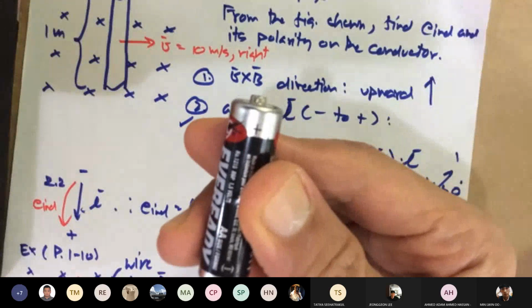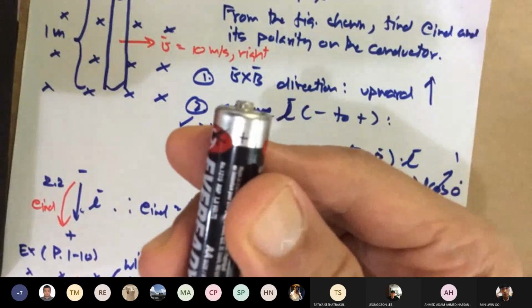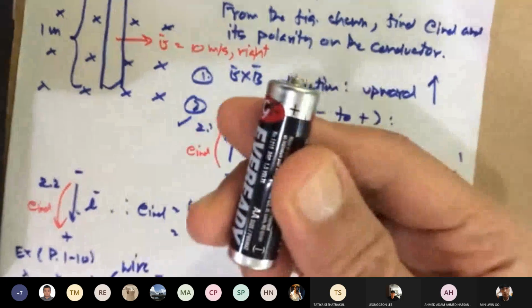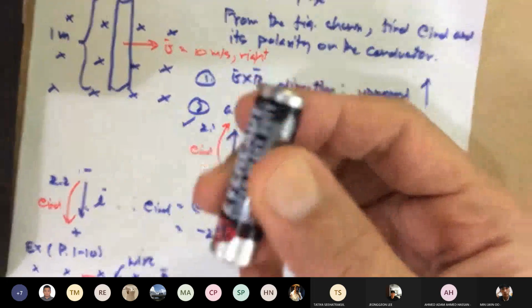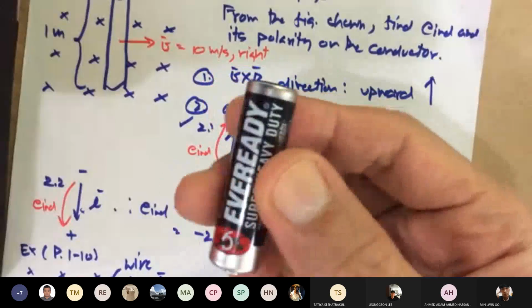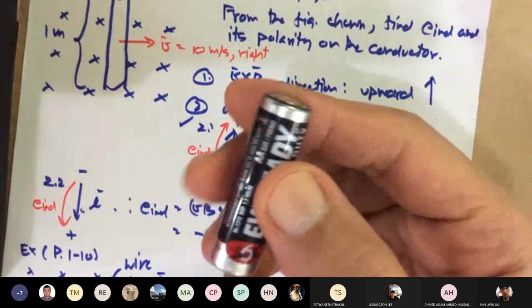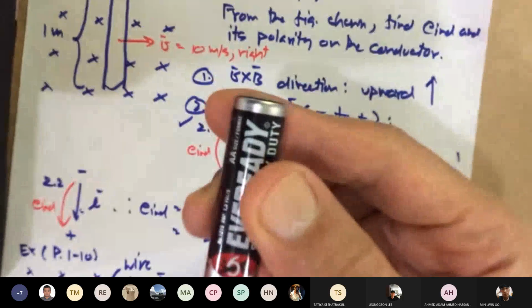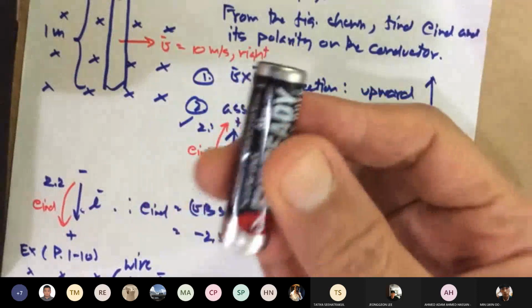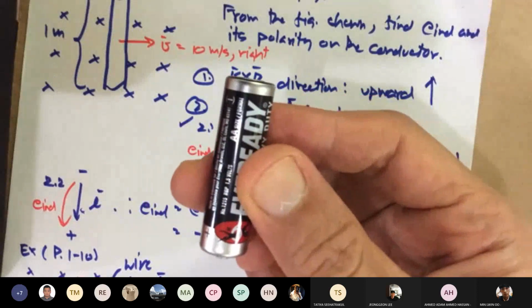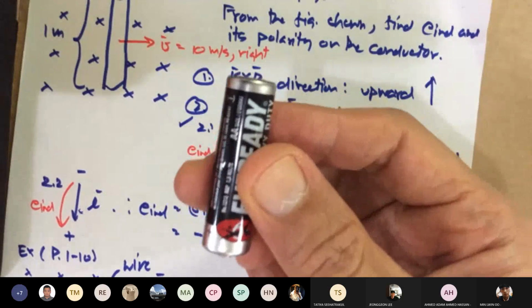Now, in mathematical notation, we can also do it like this. Not normal. Most people don't do it like this, but people are not the same. If we do it like that, in our mathematical notation, we say this battery is minus 1.5 volts. Why?